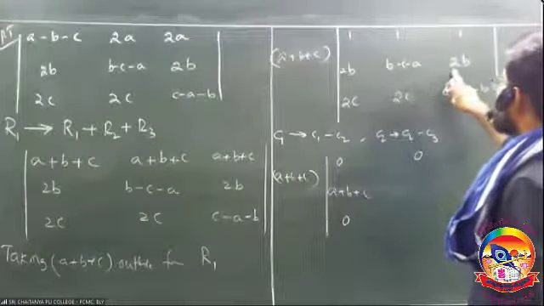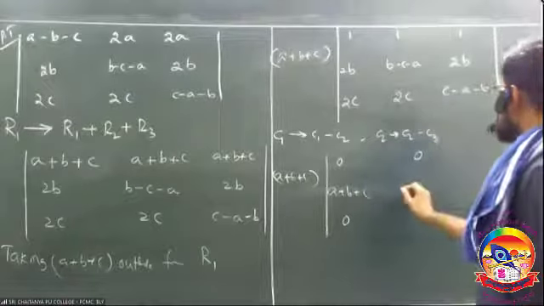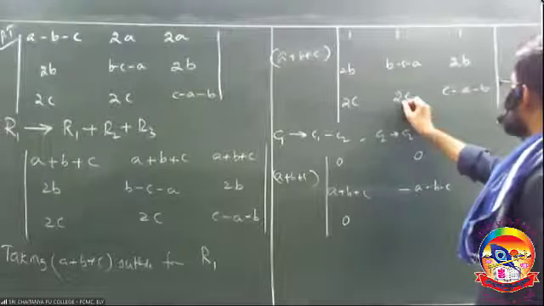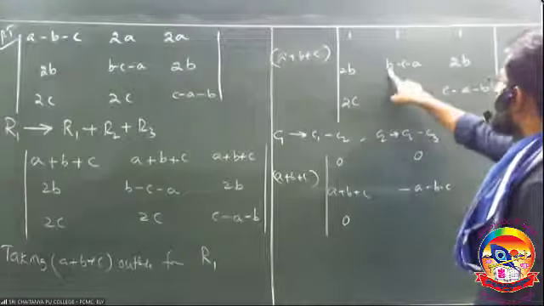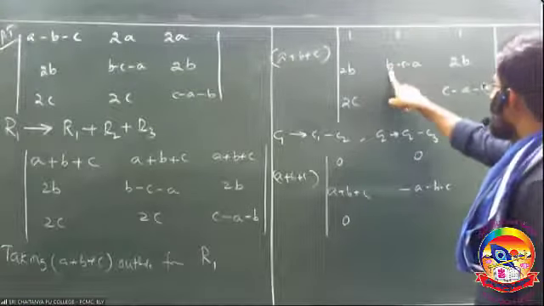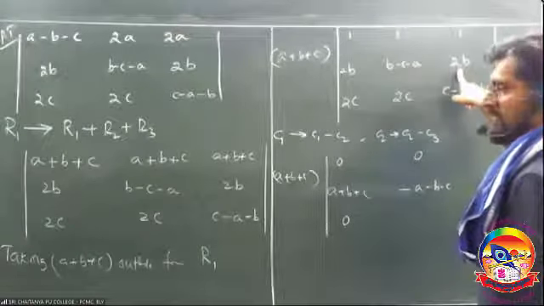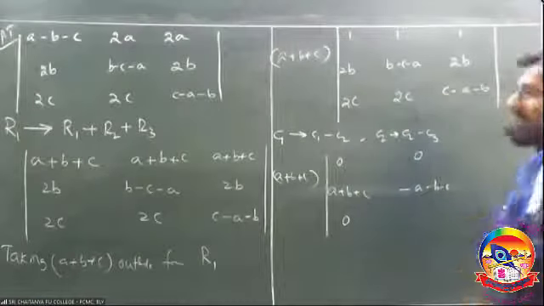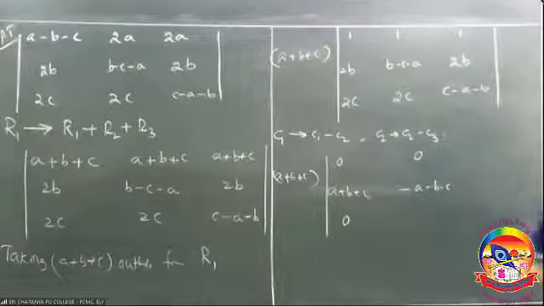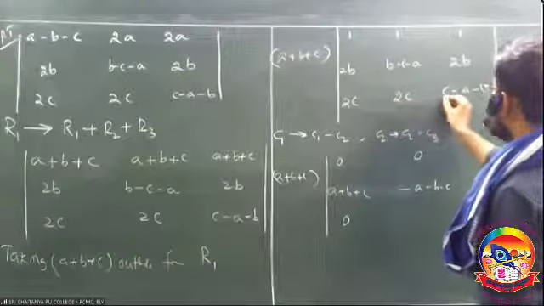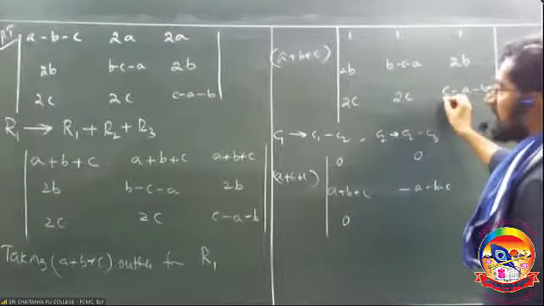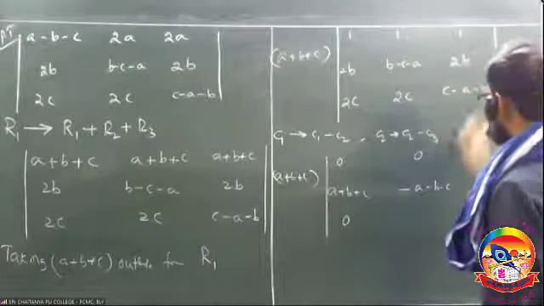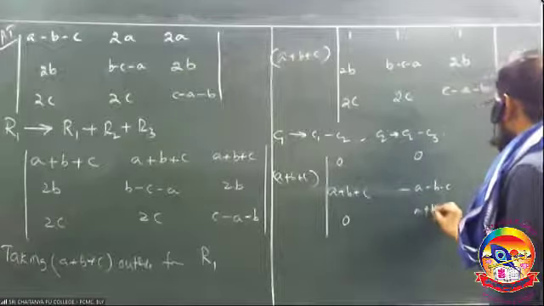B minus C minus A minus 2B gives minus A minus B minus C. Then B minus 2B becomes minus B, minus C minus A. And here 2C minus C is C, minus of minus A plus B. So you again get A plus B plus C.